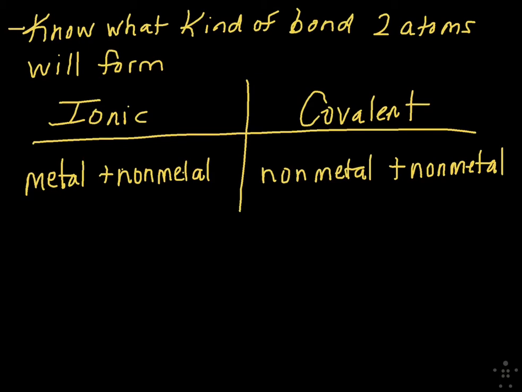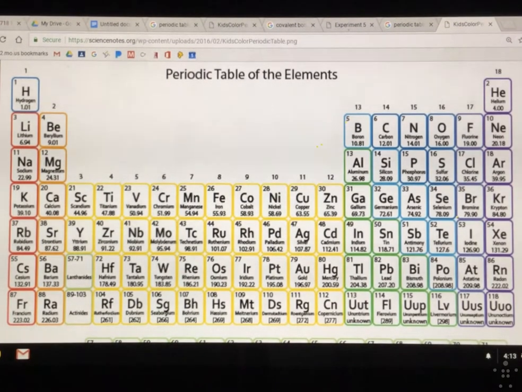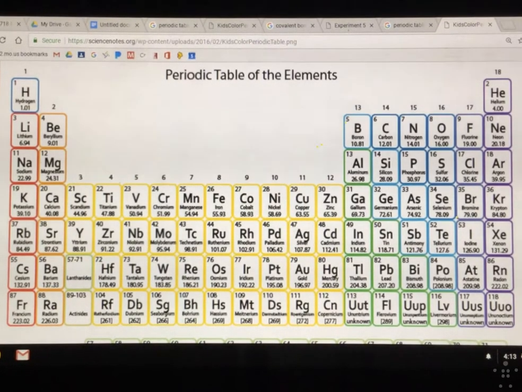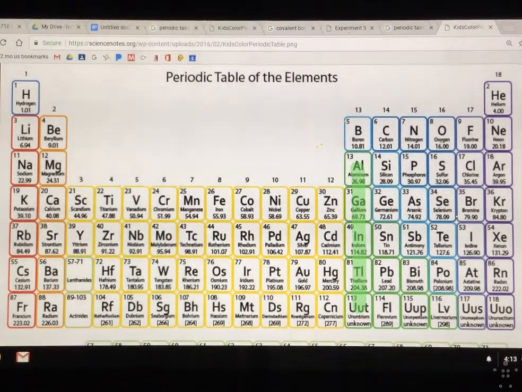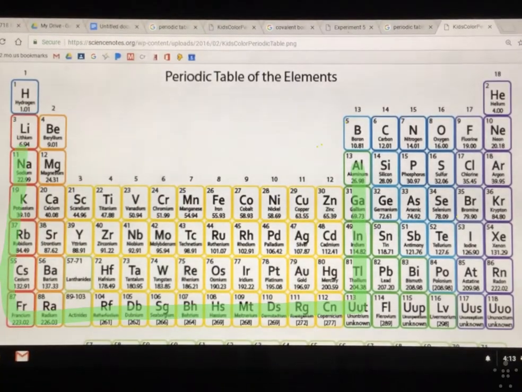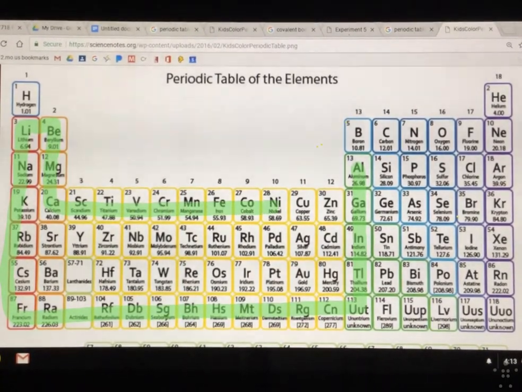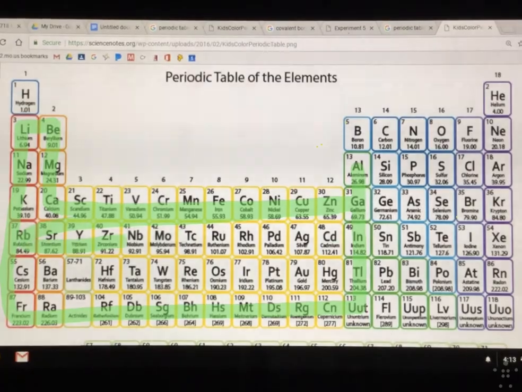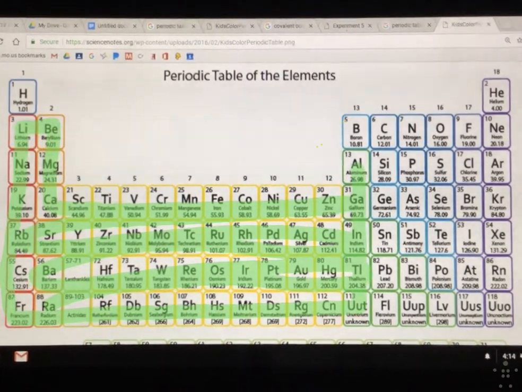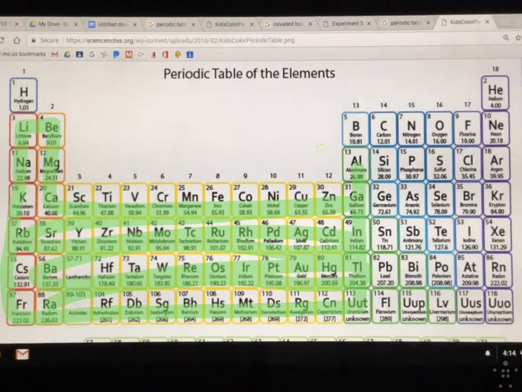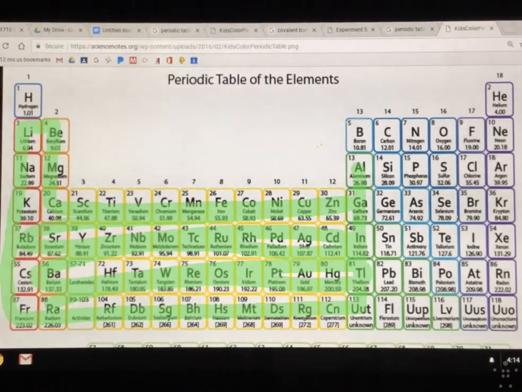So if you know if your elements are metals or nonmetals, you'll know if they're going to form an ionic or covalent bond. So on our periodic table, we can review, where are we going to find the metals? The answer is the left-hand side of the table. So anything from aluminum, basically left, is metals, except for hydrogen. So anything in the green here is a metal. Meanwhile, our nonmetals are found on the other half of the stair-step line, on the right-hand side of the table.